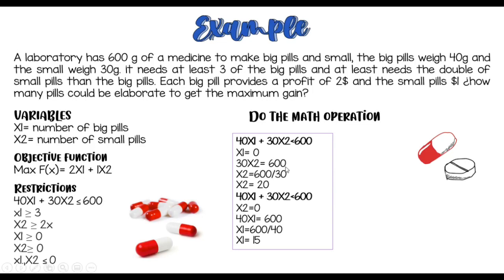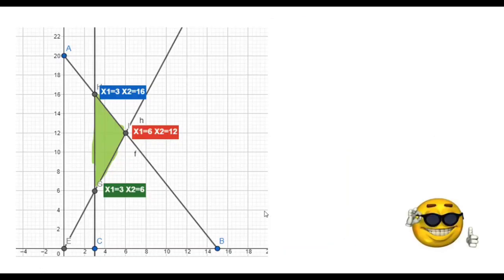You divide 600 by 30. The answer for x2 is 20 and the answer for x1 is 15. And you need the restriction to start the equation to get the numbers to put in the graphic.